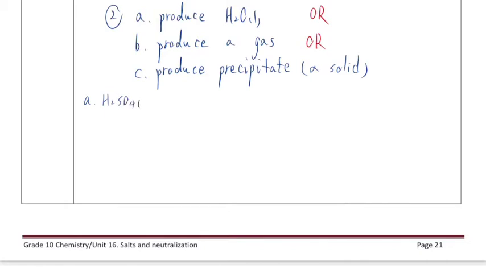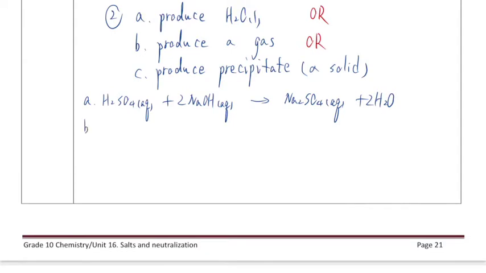So here we can have sulfuric acid react with the alkaline sodium hydroxide. That would give you sodium sulfate, which is soluble, and then water. Okay, so in this reaction, because it produced water, it will undergo this double displacement reaction.